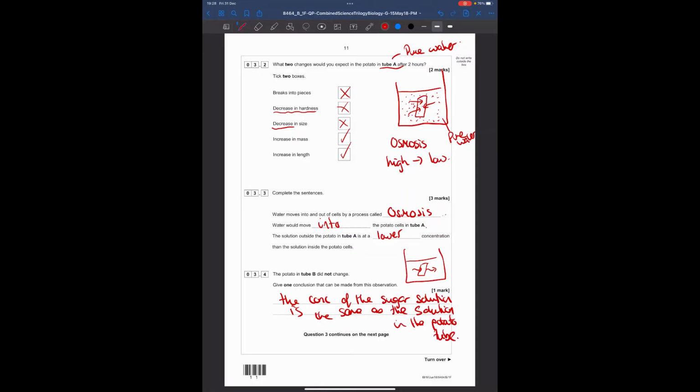Okay, and we know that from, if we go back and look at our test tube B, that is 0.4 moles per decimetre cubed. But the key thing is you get the mark for realizing that the concentration is the same.